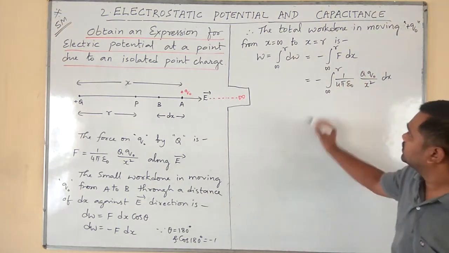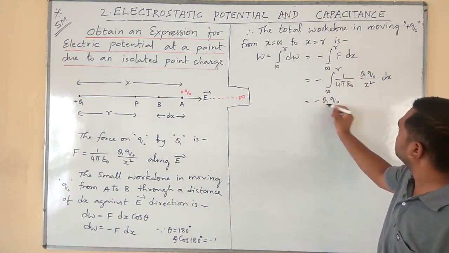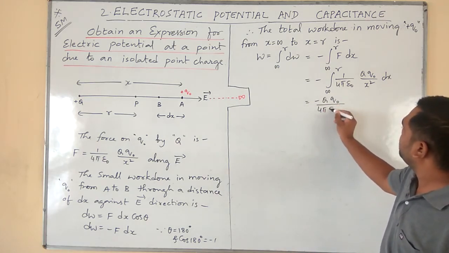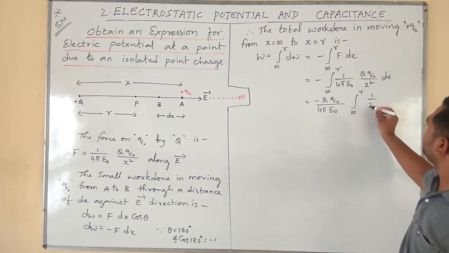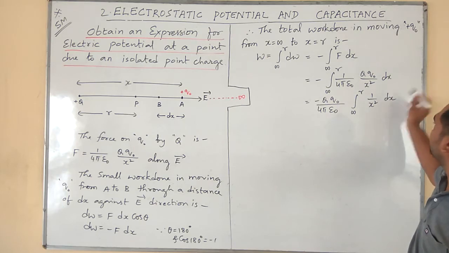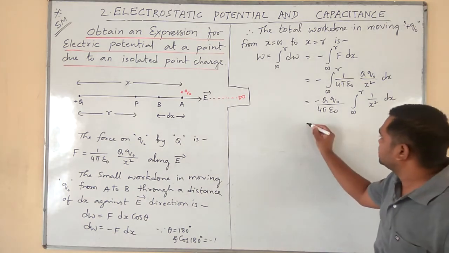Take them out. Therefore, it is minus Q naught divided by 4 pi epsilon naught integral infinity to r 1 by x square dx. What is the value of this integration of 1 over x square dx? Yes, you know about it.